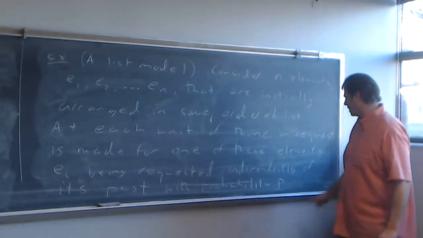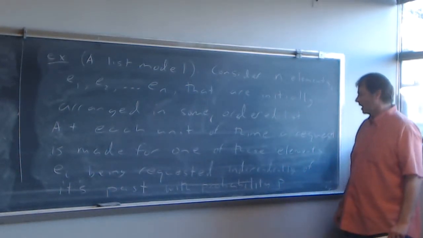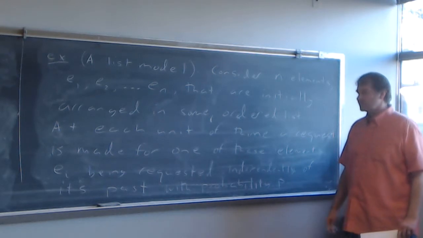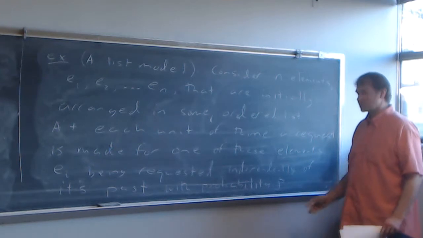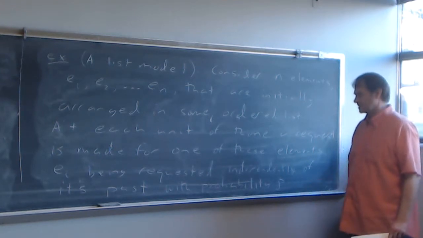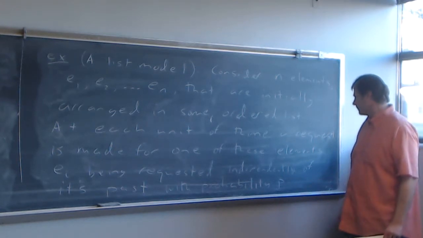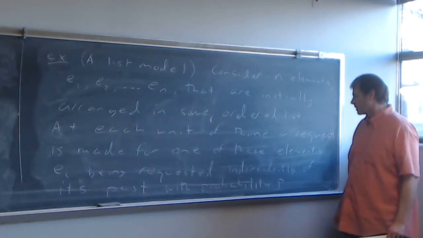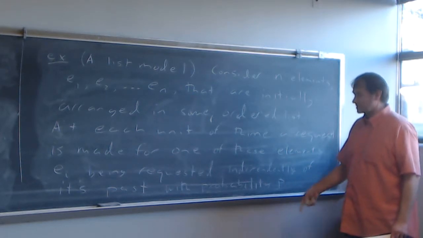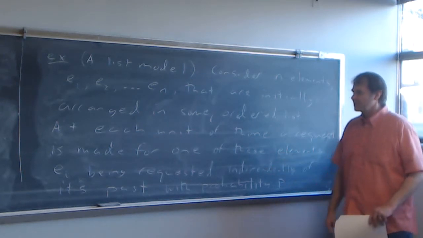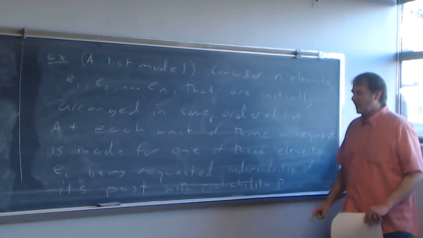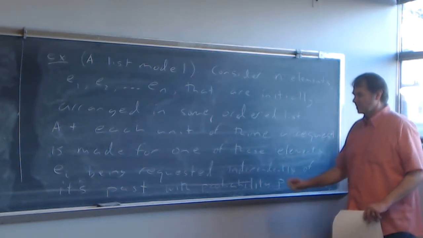Okay, this part that I just wrote means that it doesn't matter when the last time that E sub I was requested in terms of affecting its likelihood of it being requested next. So in some sense, the spot that E sub I appears in the list is independent of E sub I being requested.